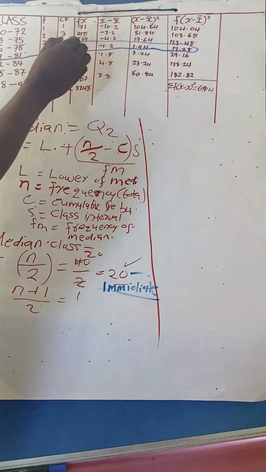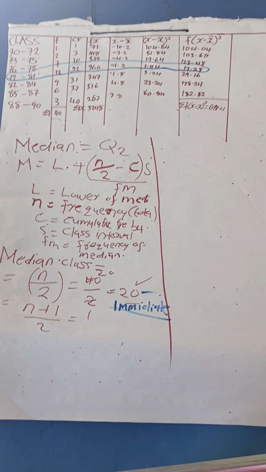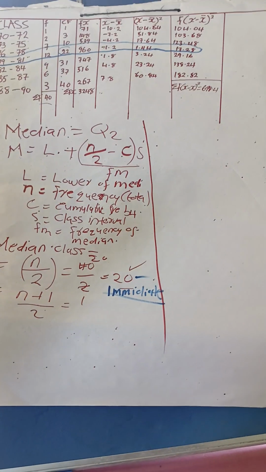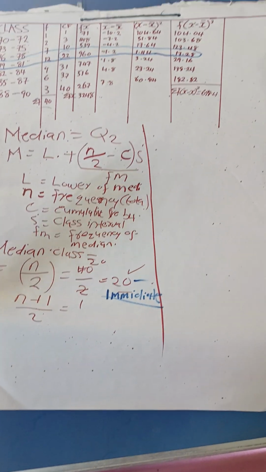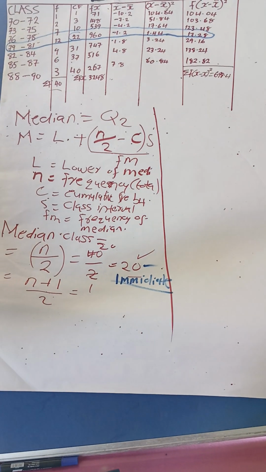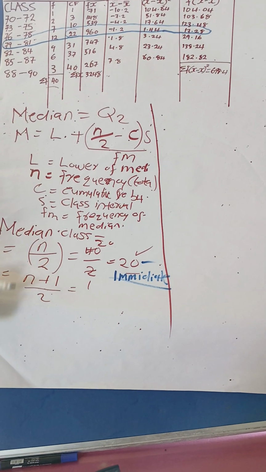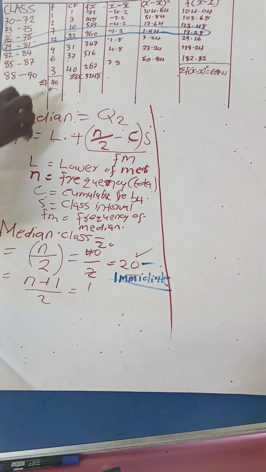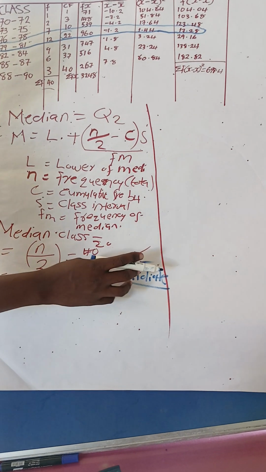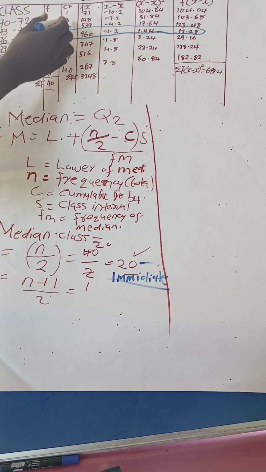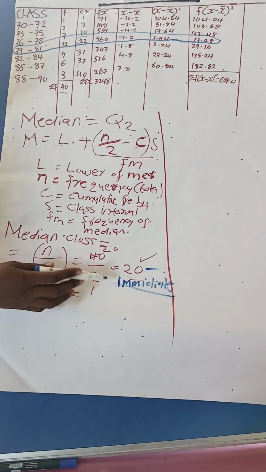Good. Just simple as that. If you have not known how to get the median class, please write in the comment on YouTube. I will repeat this. For the median class, just divide the total frequency, which is 40, by 2. Then you get 20. Then go to the cumulative frequency. Where can 20 lie, immediate?